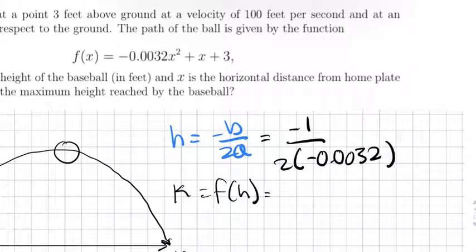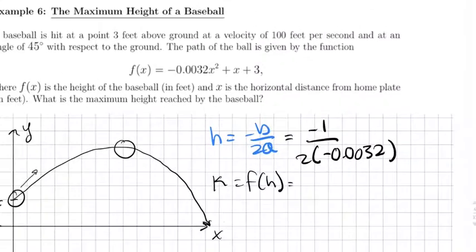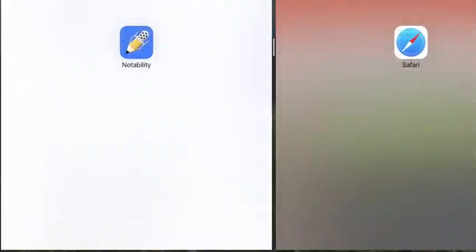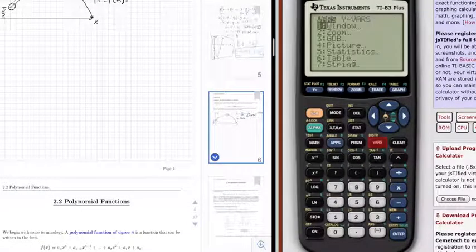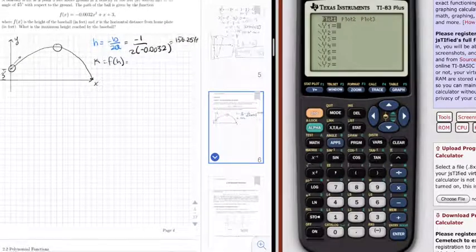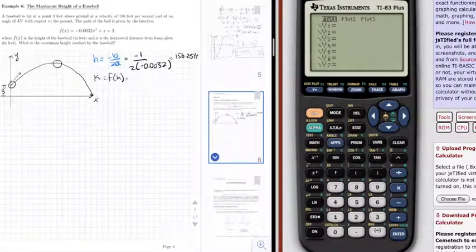So this is 156.25 feet. When x is 156.25 feet, we should be able to find the maximum height, or the vertex, of this parabola. I'm just going to go to my y equals and put in my original, which is negative 0.0032 x squared plus x plus 3.